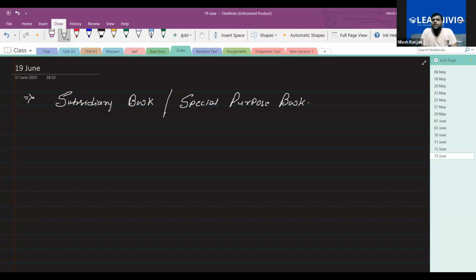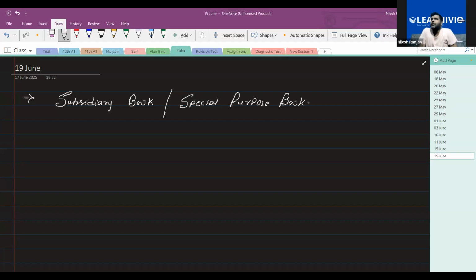That's why it is called subdivision of journal. Some part of it will look like a ledger, some part of it will look like a journal, and there is some difference also.